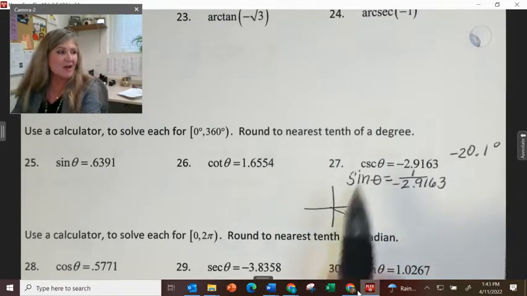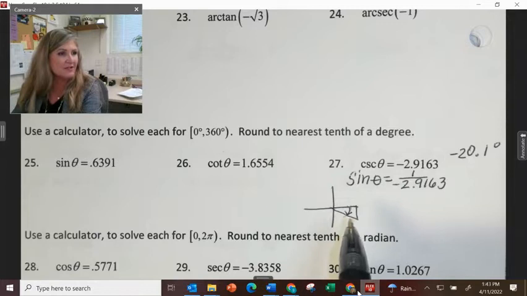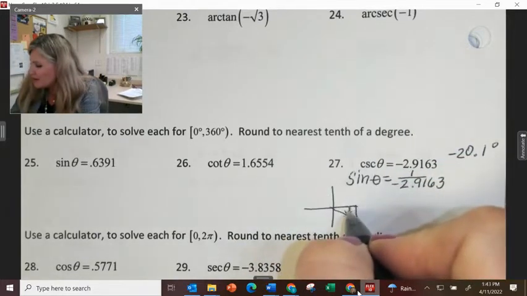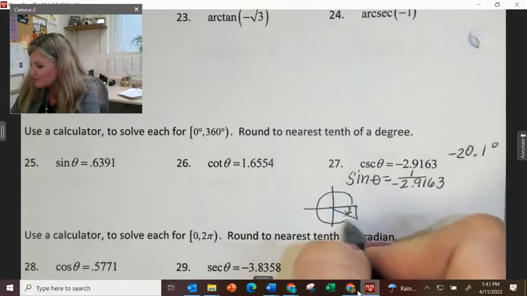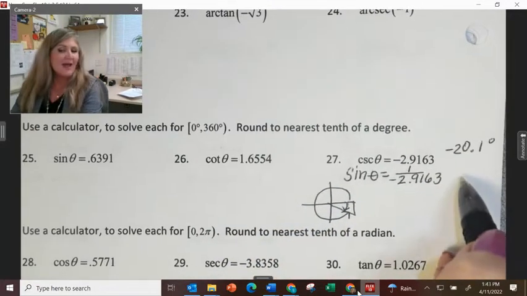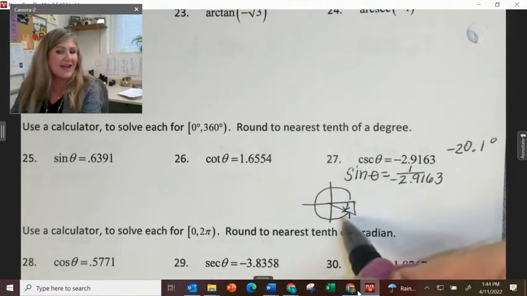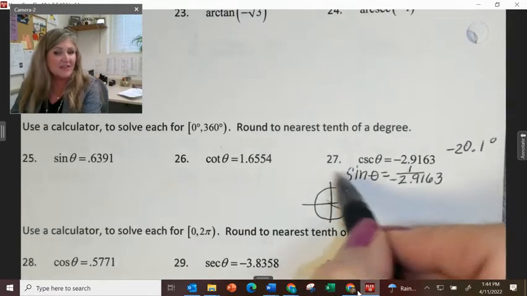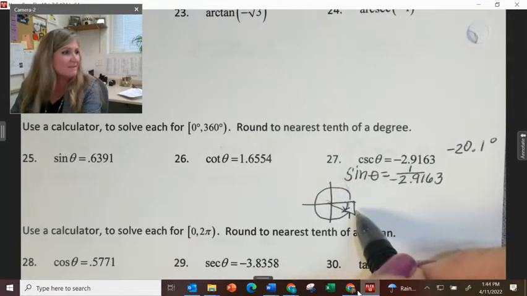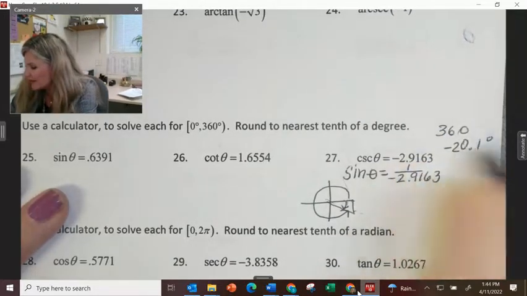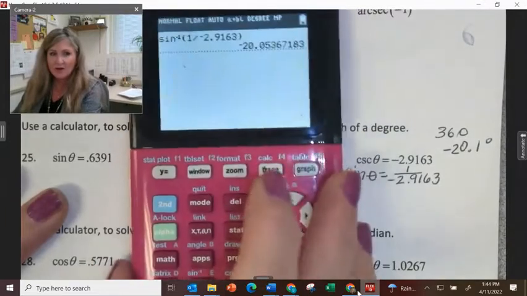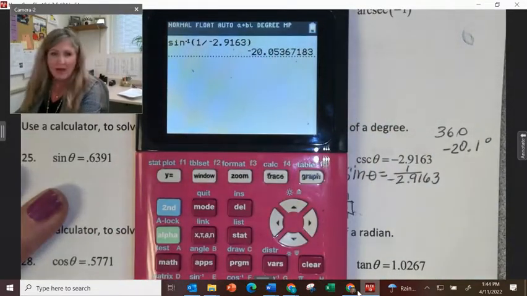Remember how we learned about coterminal angles earlier? The coterminal angle would have the same answer, but it would go in this direction. So how am I going to find that angle that is just another name for this that goes in this direction? Right, so I'm going to do 360 minus that. Or I can just take this and do what?